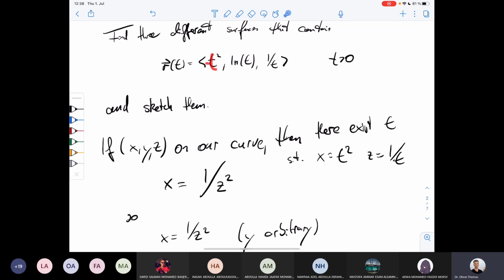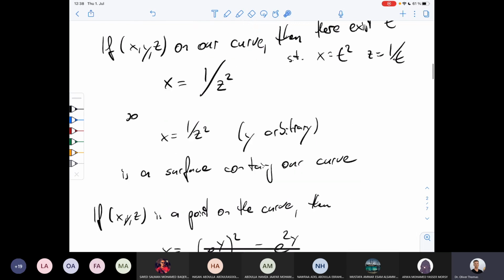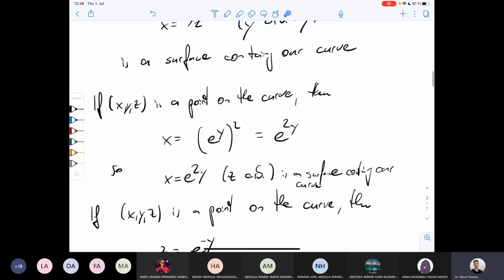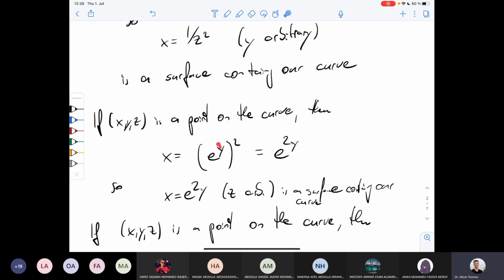To get t squared out of ln t, first I need to build e to the ln t. This now gives me t. And now I square it, then I get t squared, right? So this whole thing is t squared, and this is precisely the x component, which then gives us, if we move it in the z direction up and down, a surface.